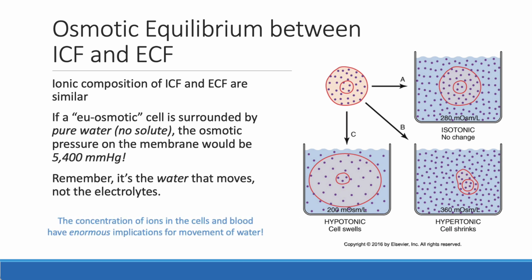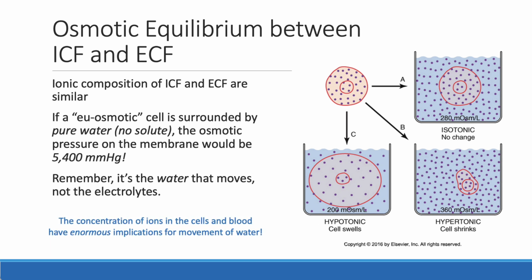That's the same thing that we measure blood pressure in, millimeters of mercury, right? So imagine a pressure of 5,400 millimeters of mercury. It's insane to think about. That's a huge amount of power that happens just from concentrating some solute inside of a solution.